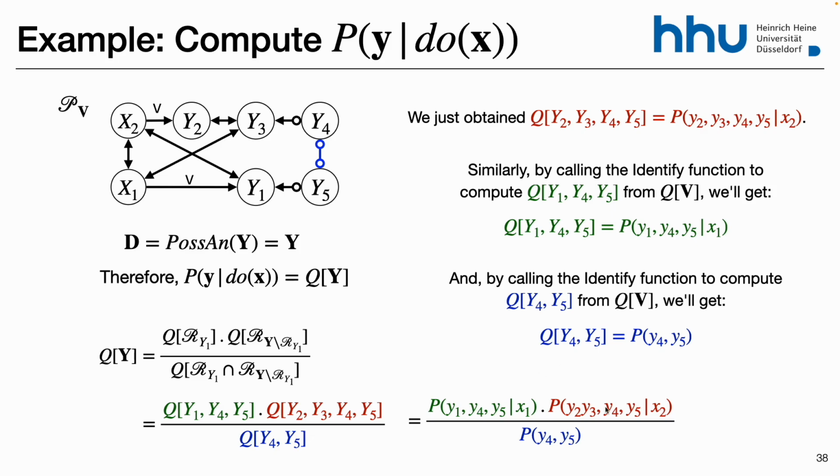And that's the expression of the effect of these two X's on all these Y's. That's a weird expression, but it's computable from the observational distribution. So you couldn't get this from backdoor adjustment or front door adjustment. It's only through the ID algorithm, which is complete. So if the effect is identifiable, you're going to get an expression for it.